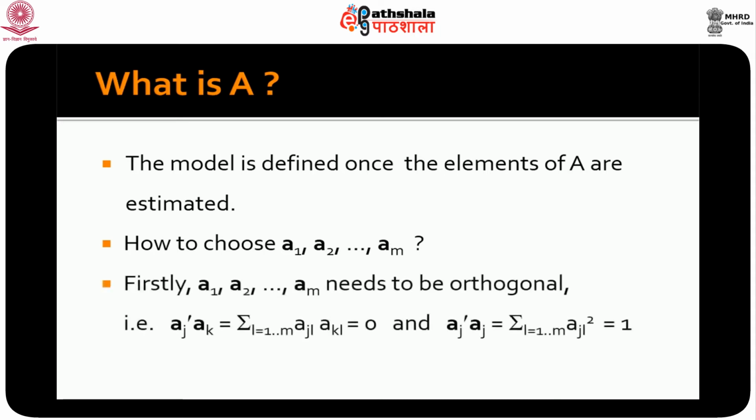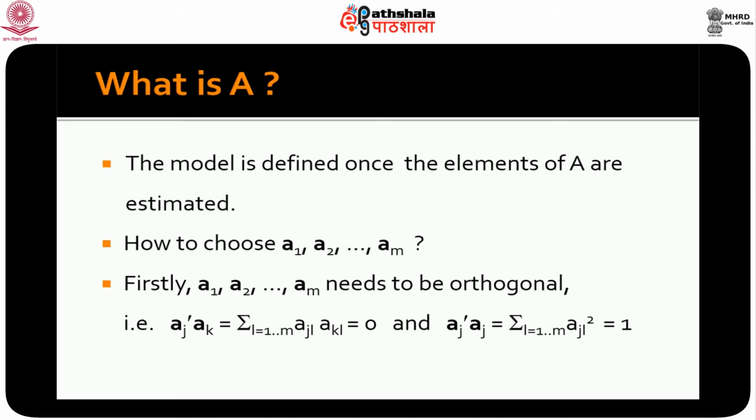Firstly, we need a 1, a 2, a m to be orthogonal. What does it mean? It means that a j prime a k should be equal to 0. That means, taking the inner product of any two of these vectors would give us 0. That is one condition that we need. Another condition that we often impose is normality.